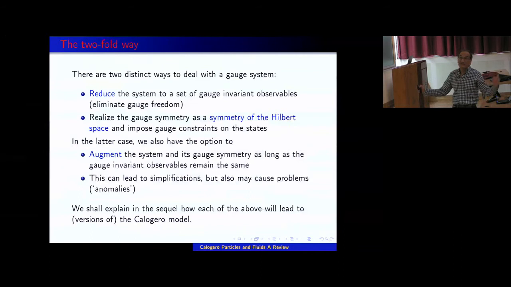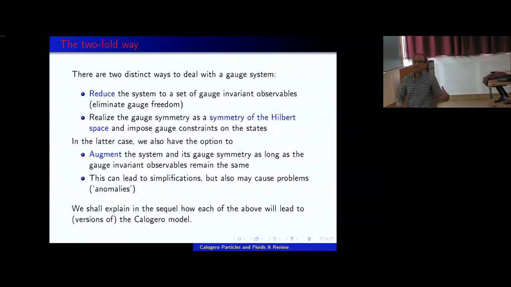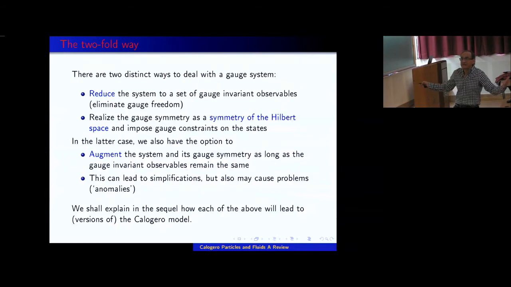You impose Gauss law, so to speak, on the states in the Hilbert space, and that ensures that all quantum mechanical matrix elements of gauge-invariant observables will actually be invariant under gauge transformations. In this latter case, you also have the option to augment the system and its gauge symmetry. And as long as the gauge-invariant content remains the same, you say that if I augment my gauge symmetry, I didn't do anything physical to the system.